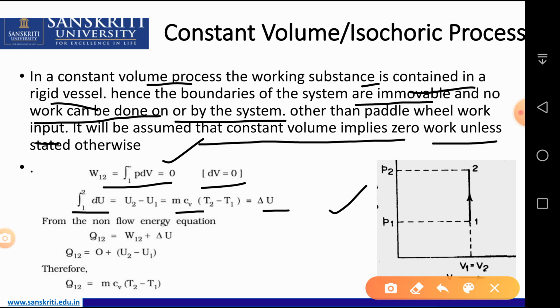But the work transfer is equal to 0, that is, the work done is 0.